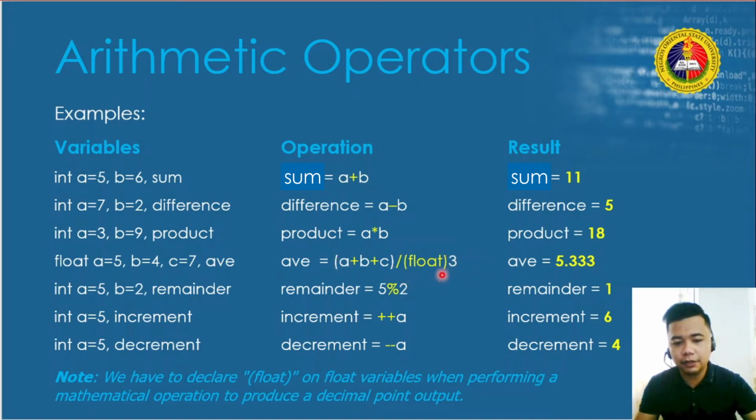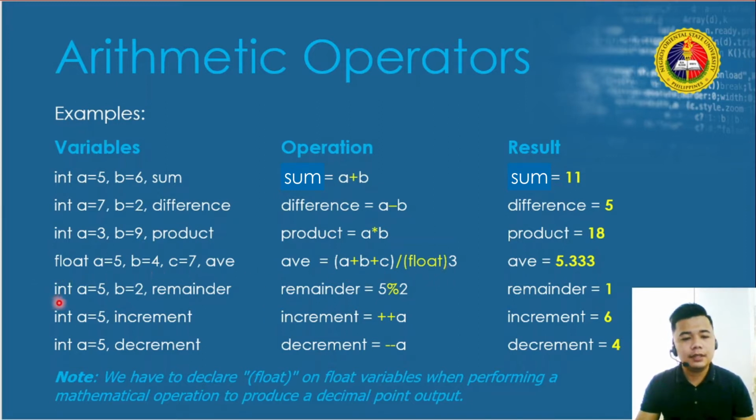We can either put the float before the a, before the b, before the c, or before the 3. If you declare at least one float in the mathematical operation, then the compiler will acknowledge that, and instead of just displaying a whole number, it will add the decimal points. Okay, so that is very important.